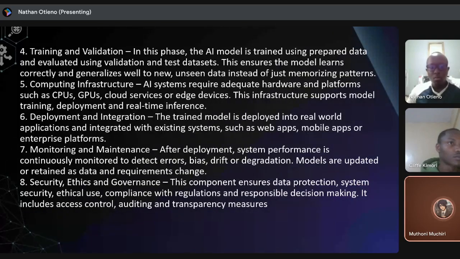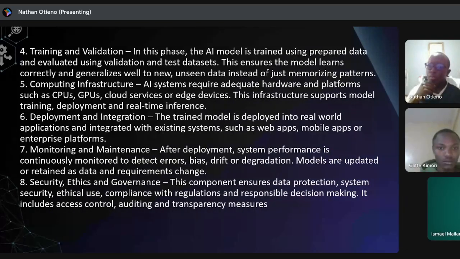Models are updated or retrained as data requirements change. Security, ethics, and governance. This component ensures data protection, system security, ethical use, compliance with regulations, and responsible decision making. It includes access control, auditing, and transparency measures.